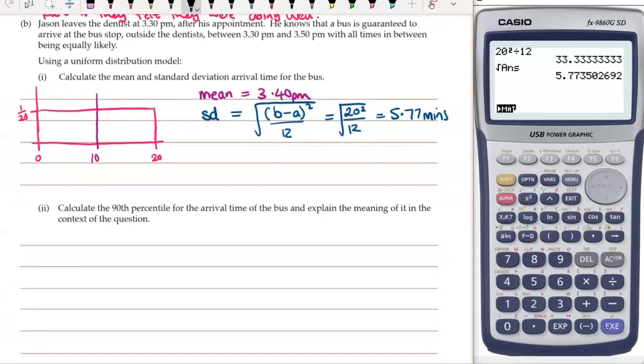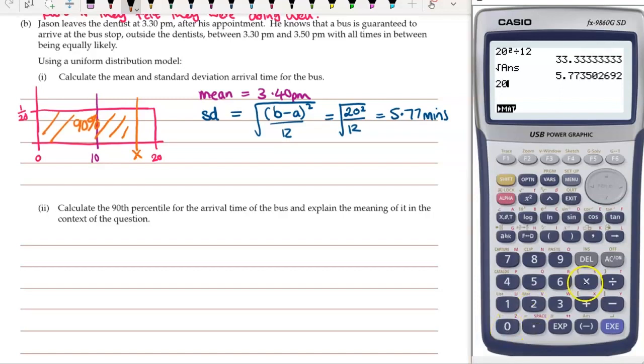Okay, calculate the 90th percentile for the arrival time of the bus. So for this, it means we're trying to say, where is the line? So what's the x value that makes this area here be equal to 90%? Now, because that's a rectangle, that's pretty easy to do.